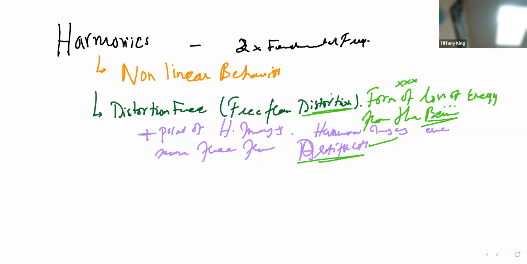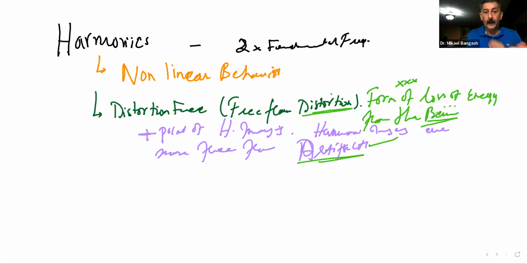So with harmonics, artifact doesn't happen unless there's distortion in the beam. You can say that's the benefit of harmonics, that they're going to be free from distortion.